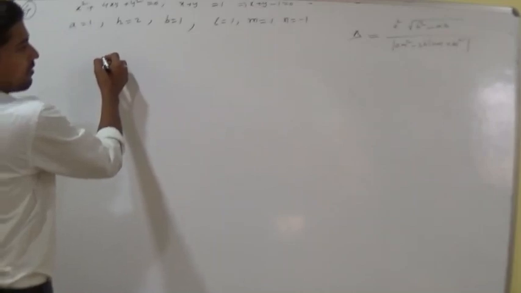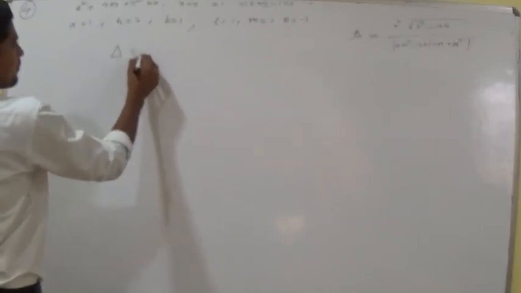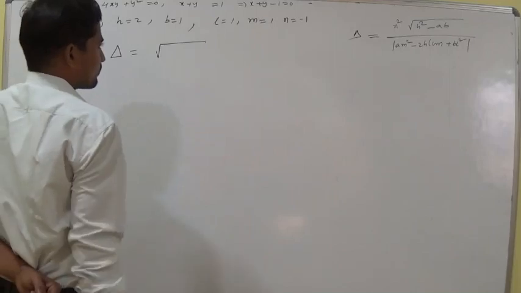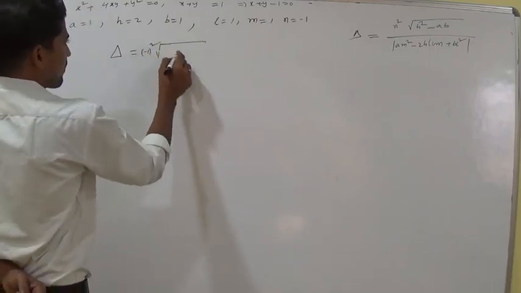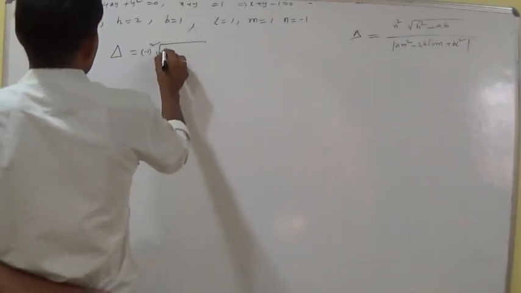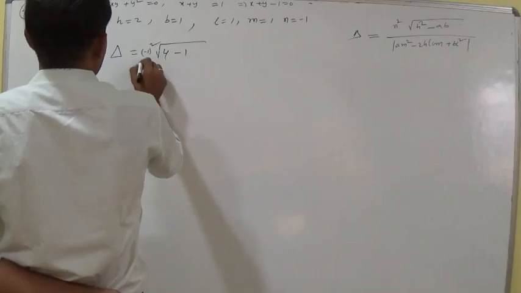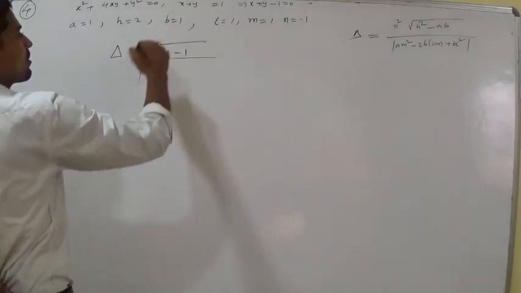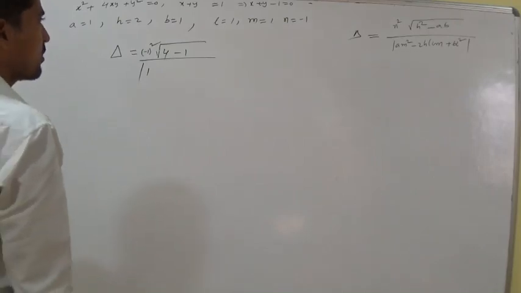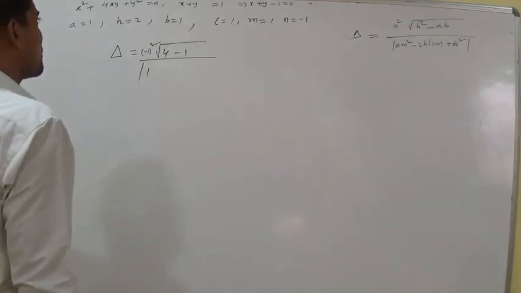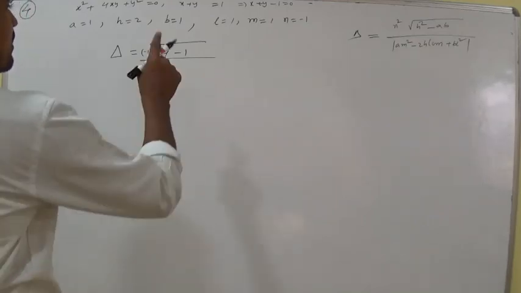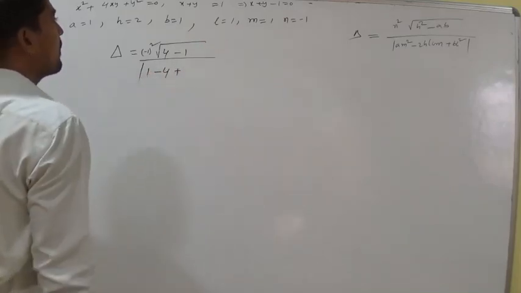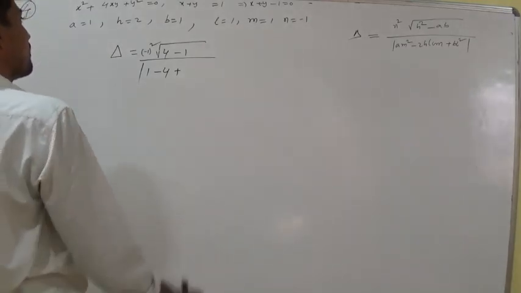So, let us substitute the values in the formula. Delta equal to n square. n square means minus 1 whole square, which becomes plus 1, so no need to write. h square, 2 whole square is 4, minus ab, minus 1, by square root of, by modulus of am square. a is equal to 1, m is equal to 1, so 1 into 1, minus 2hlm. 2h is equal to 4, minus 2h is equal to minus 4, l is equal to 1 and m is equal to 1, which becomes minus 4, plus bl square. b is equal to 1, l is equal to 1, so 1.